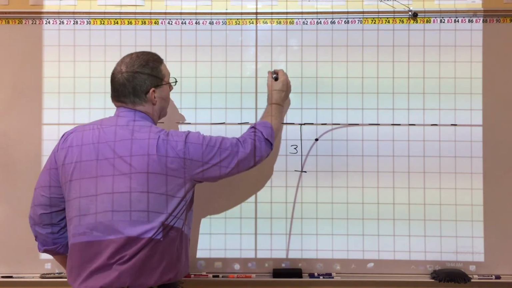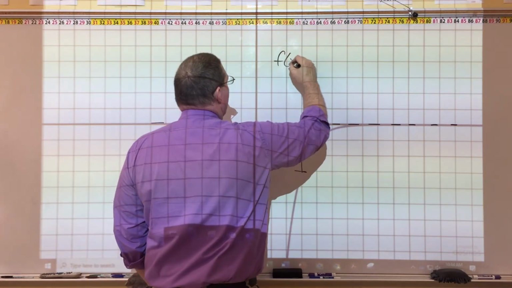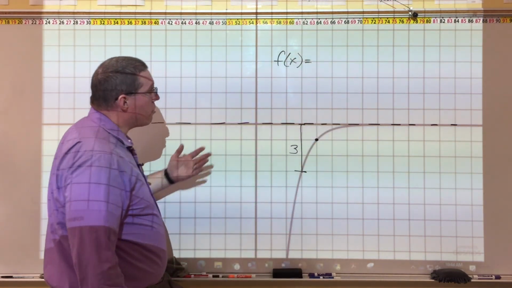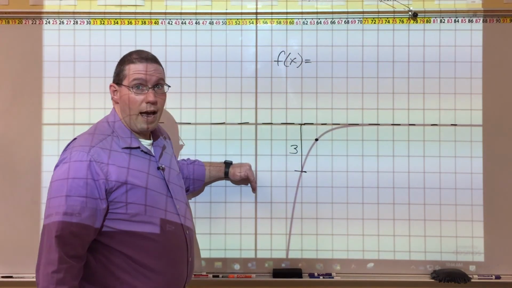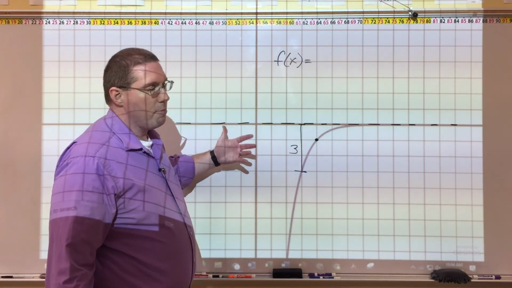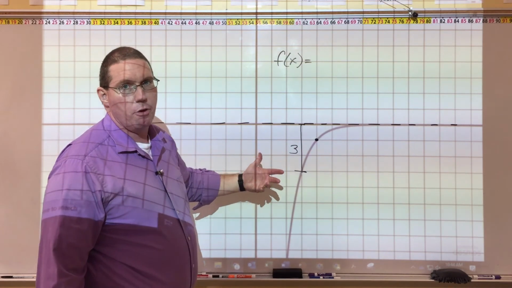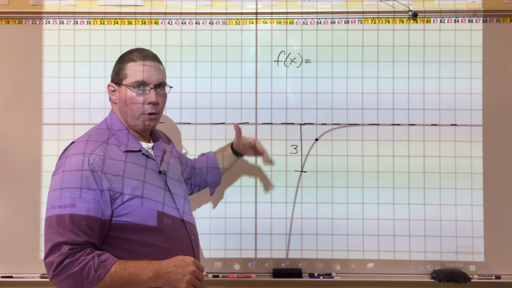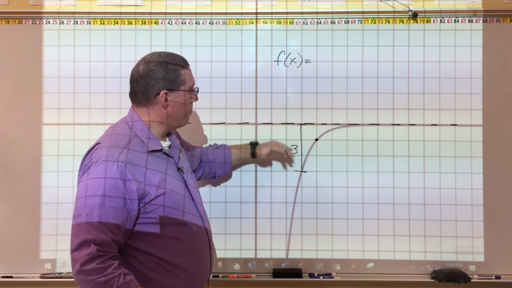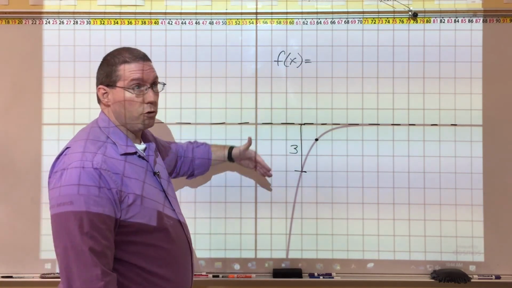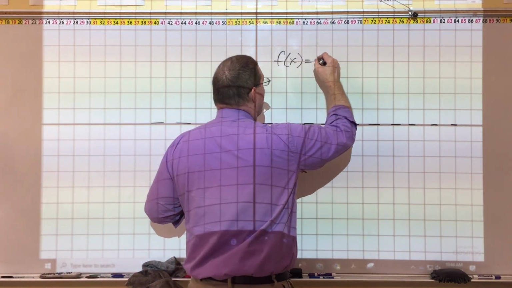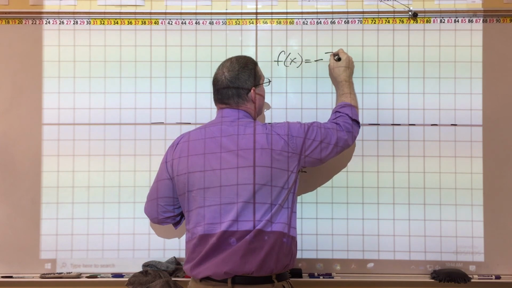Okay? All right. So I'm going to go f of x is equal to, now, this curve is below the asymptote. Excuse me, I keep saying x-axis. I mean to say asymptote, because when we put these together, we're going to have vertical shifts. This curve is below the asymptote, therefore it's a vertical reflection. It's upside down. So we're going to put a negative in front and then the 3, okay?